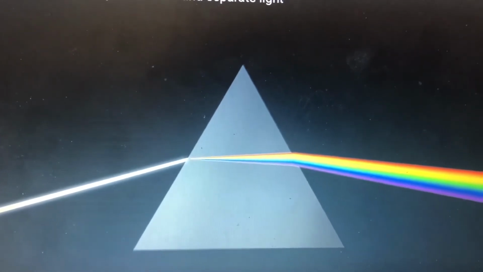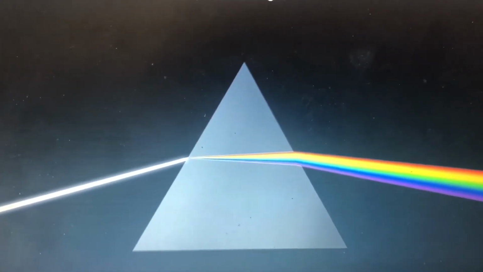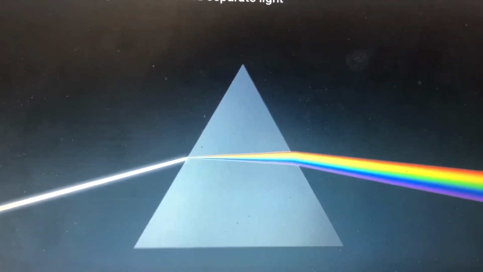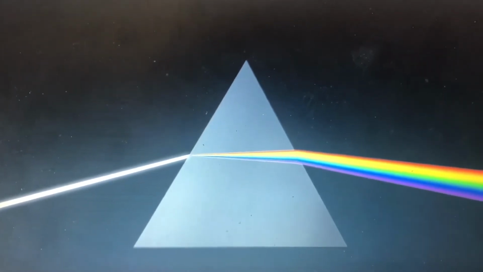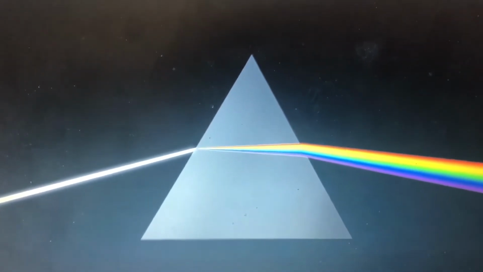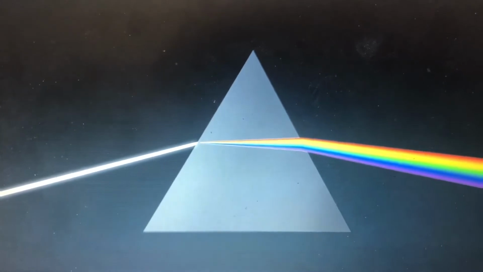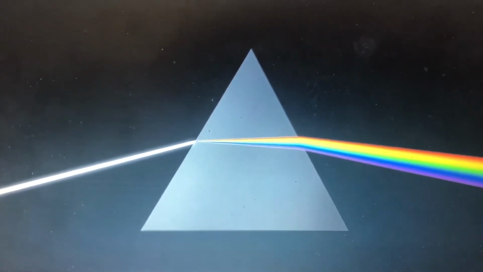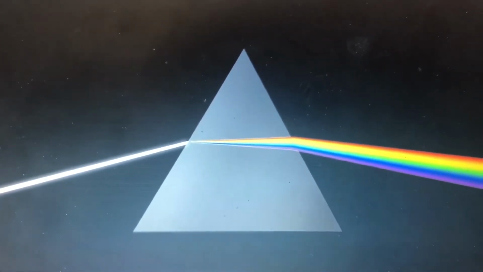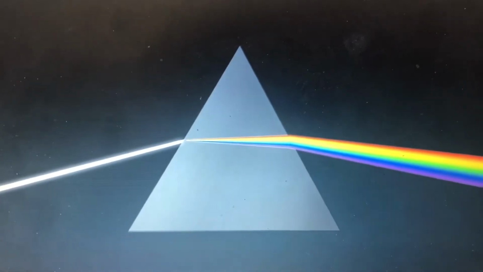You see that? And when they slow down, the light is broken down into different waves. And each one of those colors is a wave.